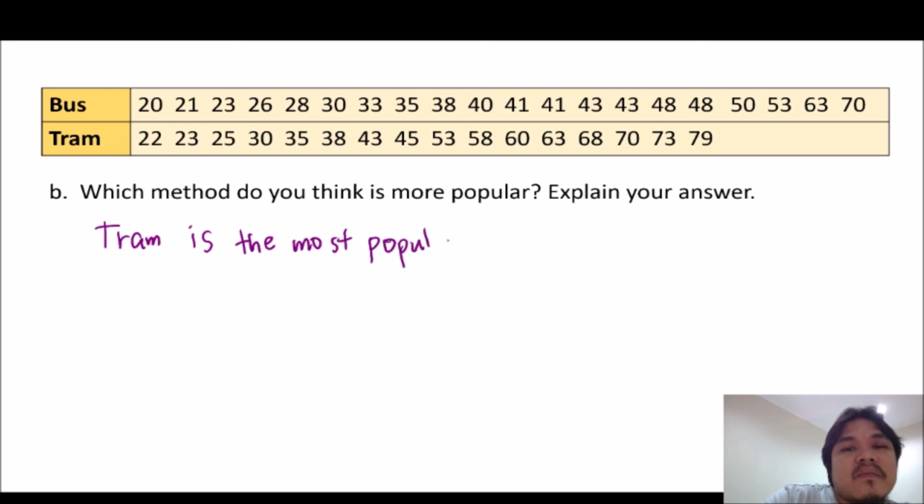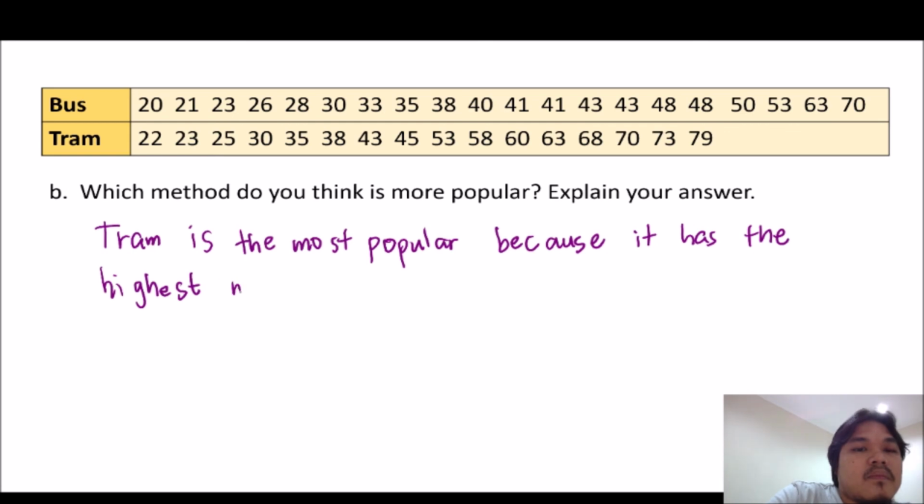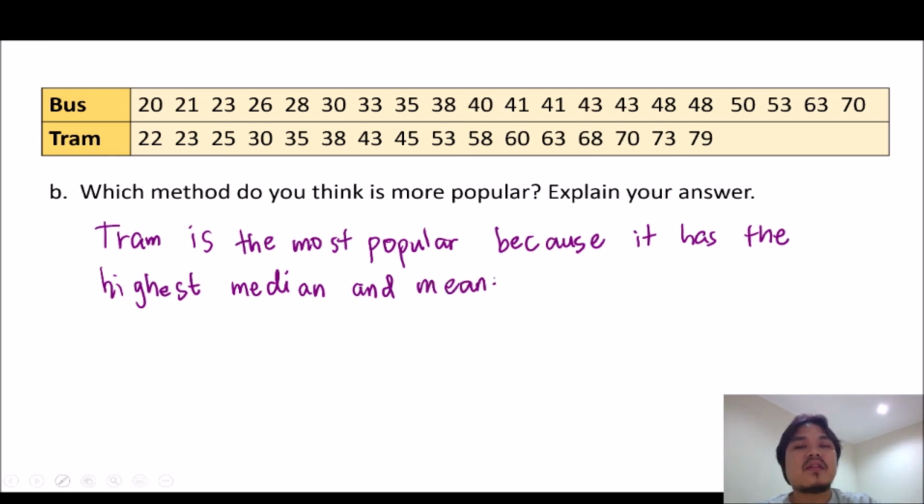Because it has the highest median and mean. Remember that when you are doing a statistical measure, it is really important for you to interpret these values.